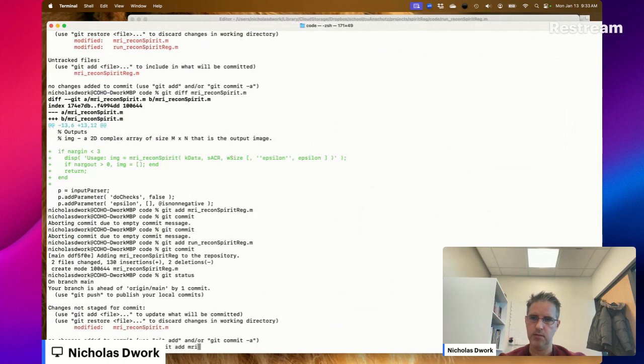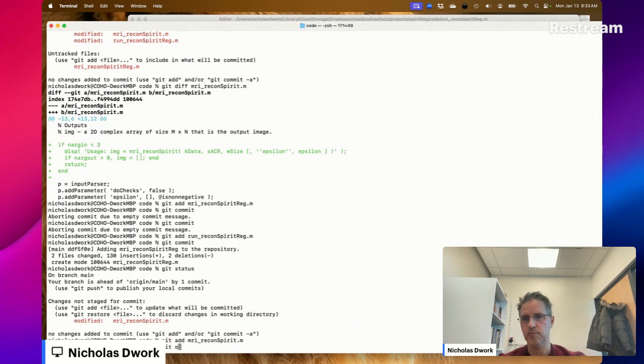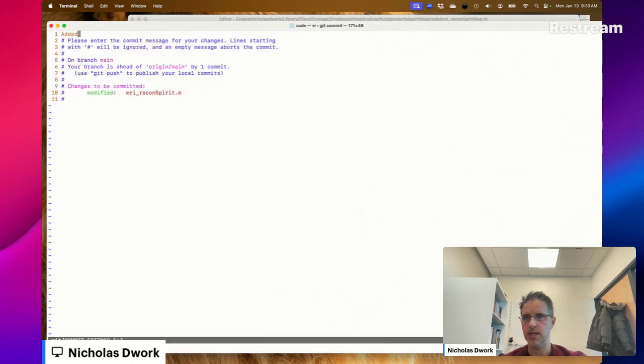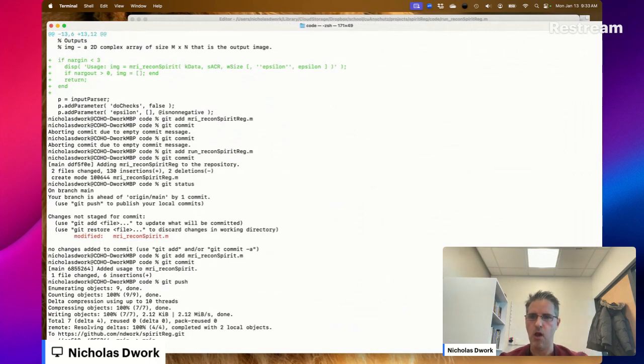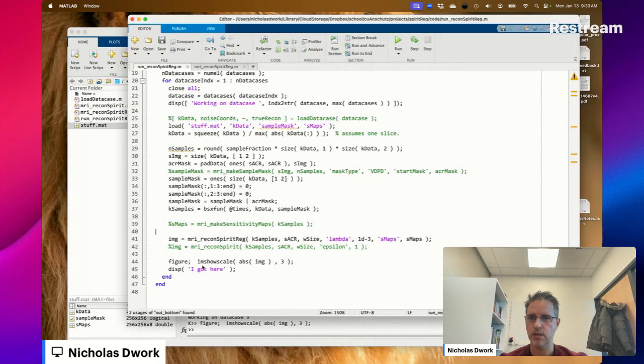Git add MRI recon spirit. Added usage to MRI recon spirit. And that is a good day's work.